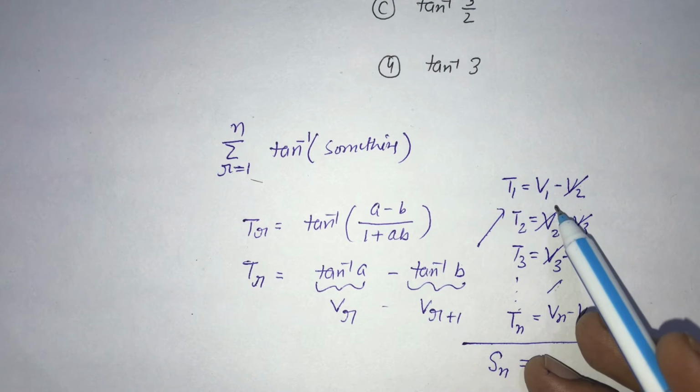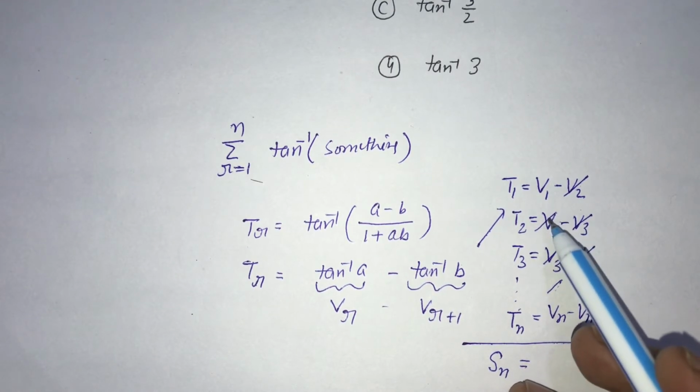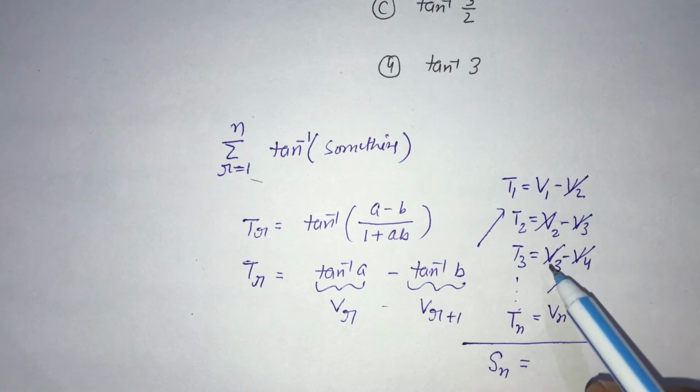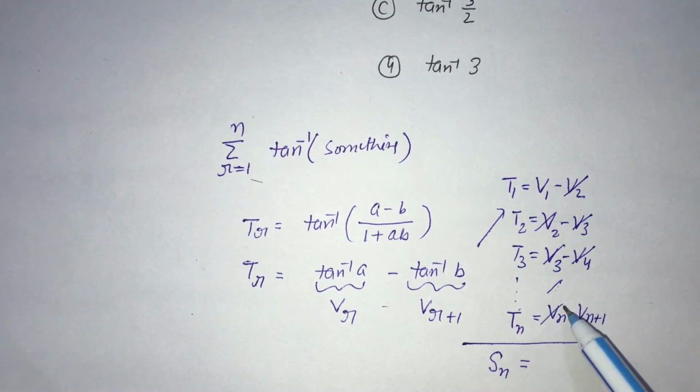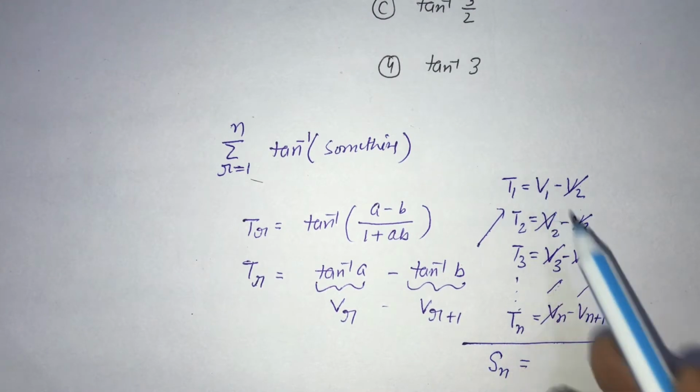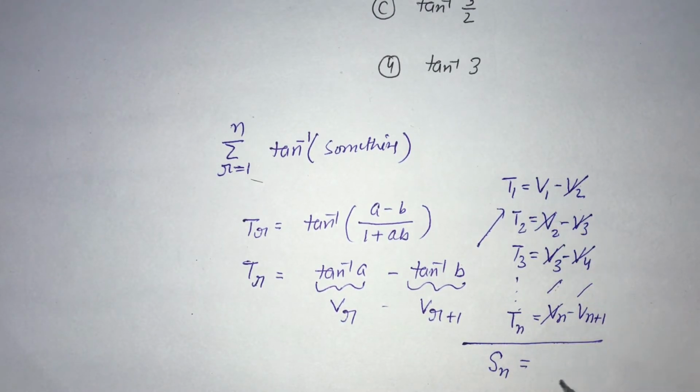The first term of each term is cancelled by the second term of the previous one, so this Vn will also be cancelled by the second term of the previous. So what are you left with? You are left with v1 minus vn plus 1. I hope the concept is clear to you.